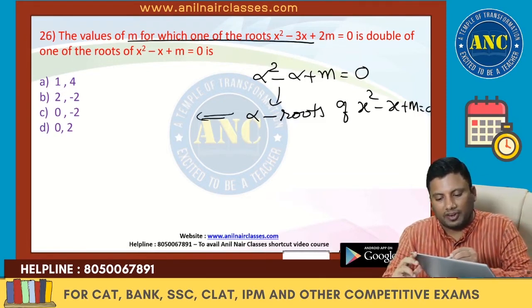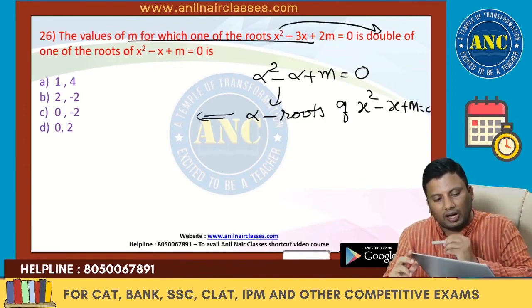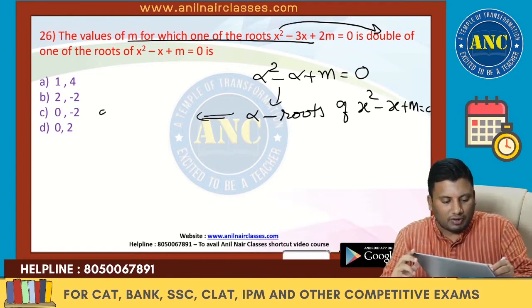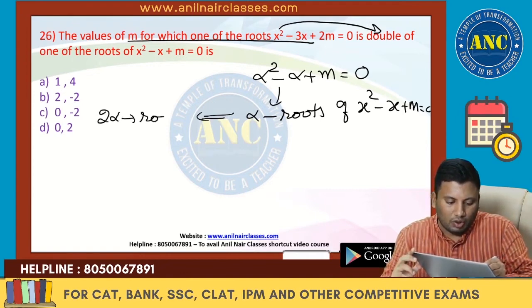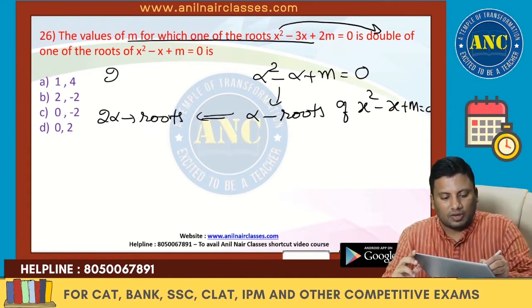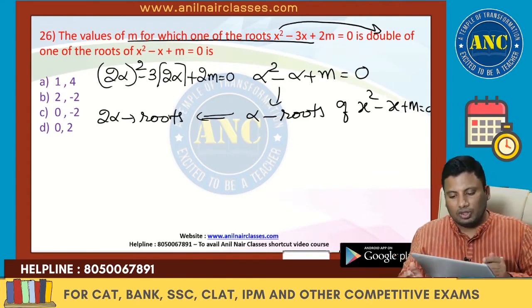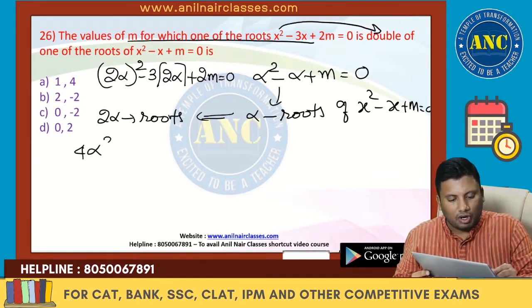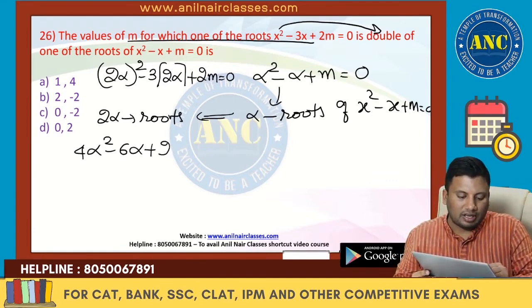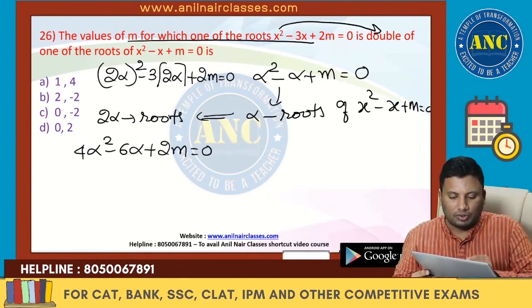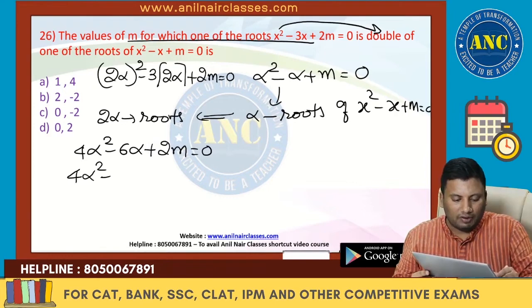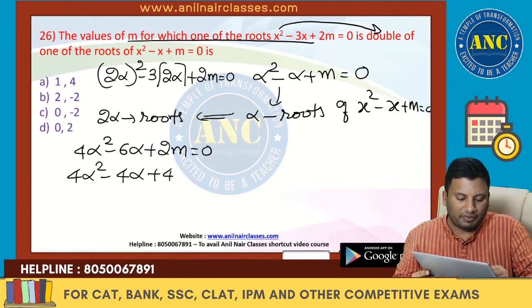One of the roots is double the other root. So instead of alpha, 2 alpha will be the root. So this will be 2 alpha whole square minus 3 into 2 alpha plus 2m equivalent to 0. Are you all with me? So this will be 4 alpha square minus 6 alpha plus 2m equivalent to 0. This will be 4 alpha square minus 4 alpha plus 4m equivalent to 0.